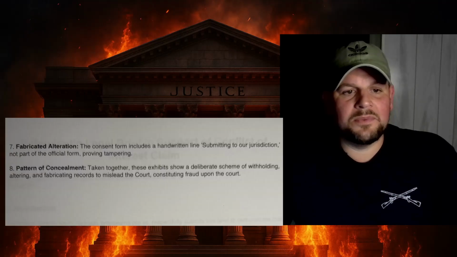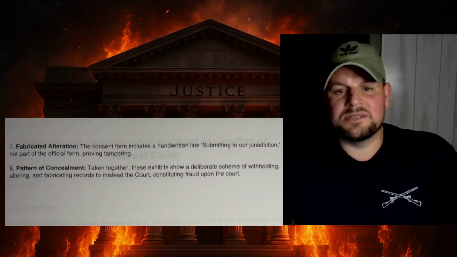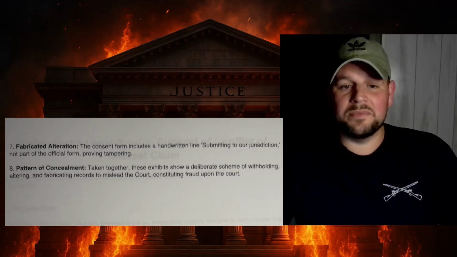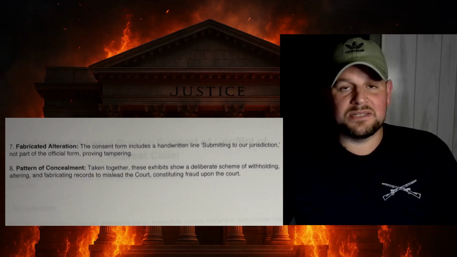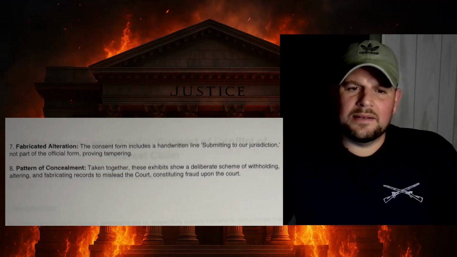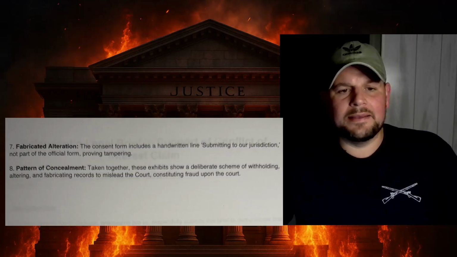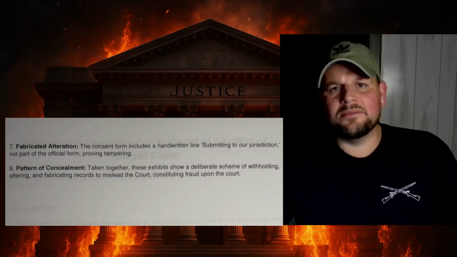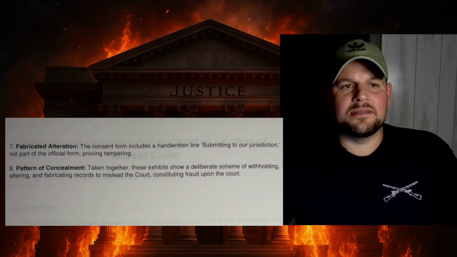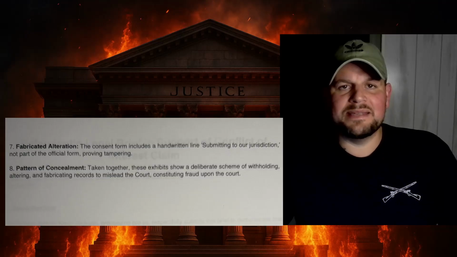Oh, then we have fabricated alteration. That's the one I was telling you about, where they added submitting to our jurisdiction on part of the form that is not the official form itself. That is an addition they should not have added onto it. And a pattern of concealment. Everything together that I've asked for, all my documents, there were so many things left out, things missing.